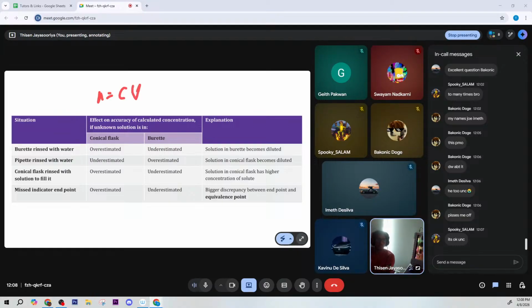If we then put in what we're putting in the burette, the water droplets inside will increase the volume and it will decrease the concentration of whatever we're putting inside. So we think it's like 0.1 moles, but really it's 0.099.